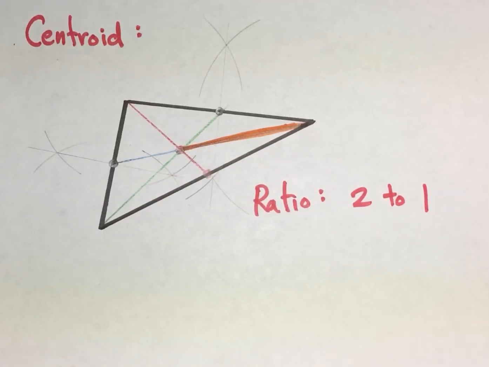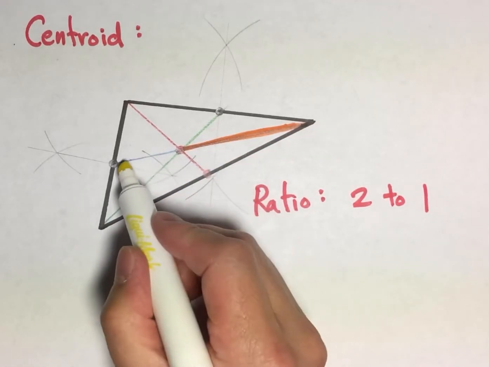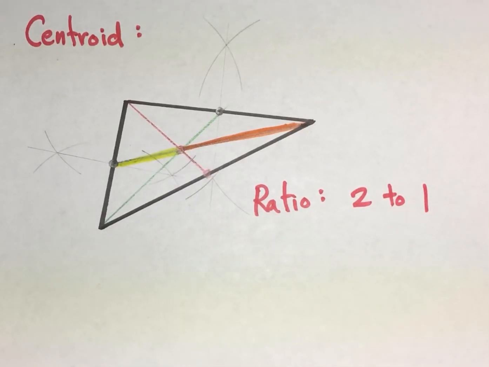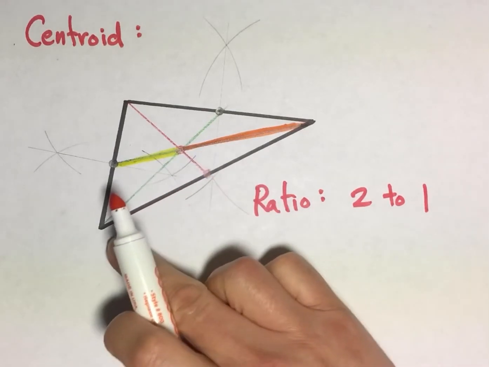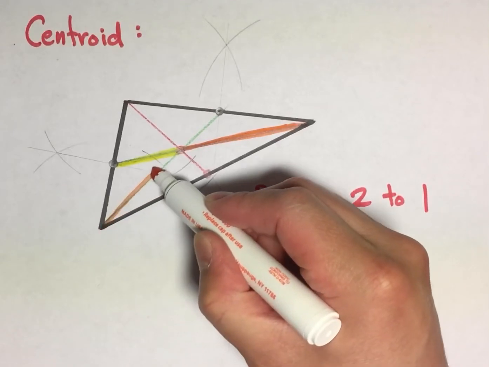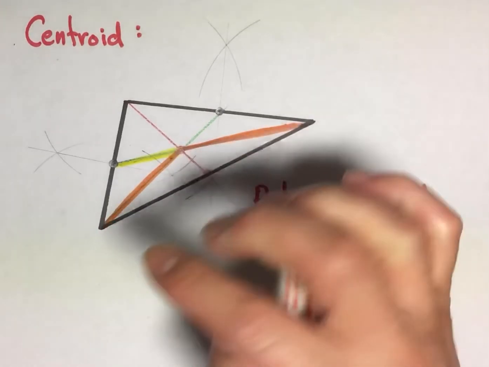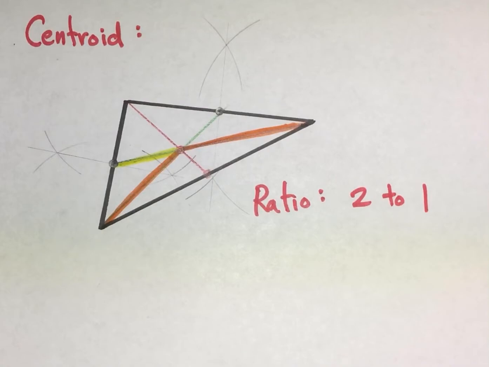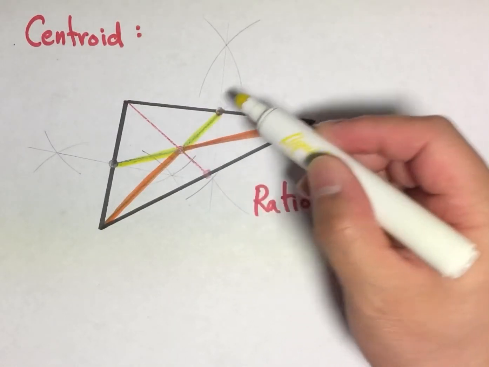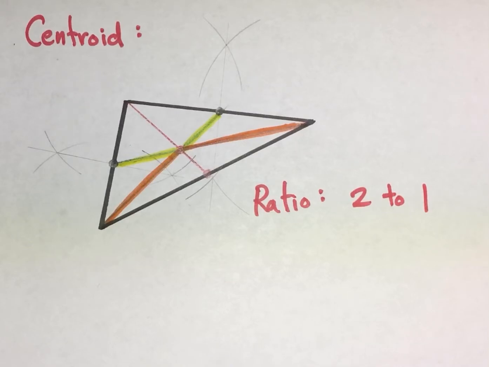Whereas the other side, from the midpoint to that centroid, is going to be 1/3 of our median. And it doesn't matter which median you choose. If I chose this green line over here, same thing. The distance from the angle to the centroid is going to be 2/3 of the entire median. And on the other side, from the midpoint to the centroid, that's going to be 1/3 of the entire median.